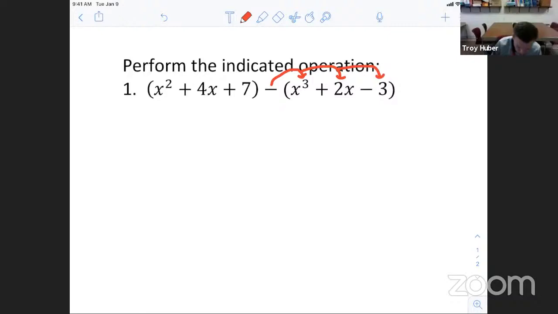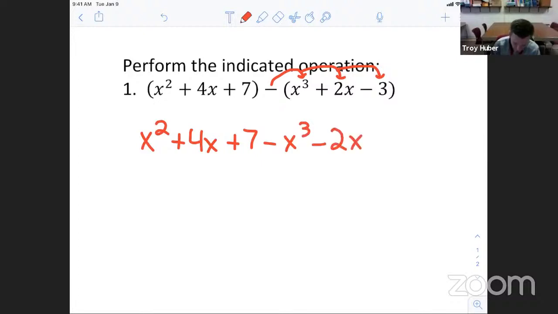All right. So now I'm just going to rewrite this: x squared plus 4x plus 7. And now minus x cubed minus 2x. And now when we distribute this negative to the -3, a negative times a negative would make this a +3.